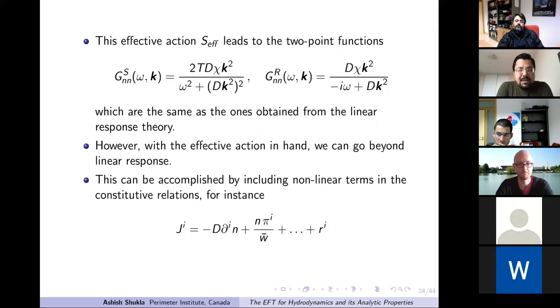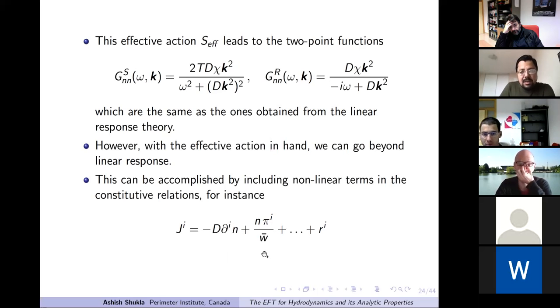However, with this effective action in hand, we can actually go beyond linear response now. This is the biggest advantage: we have an effective action and we can systematically start going beyond linear response theory. And how do we do that? It's pretty straightforward. We had the constitutive relation j_i equals minus D del_i n, but this was only to linear order. What one can do is start including non-linear terms.